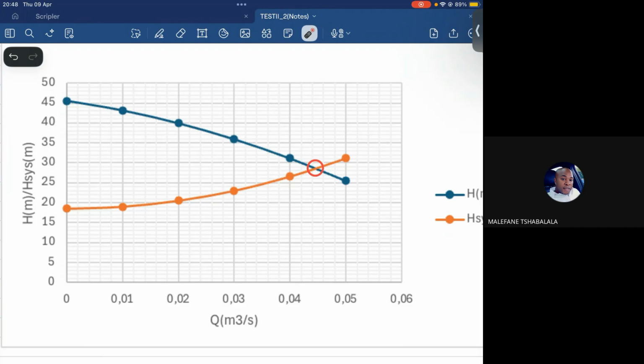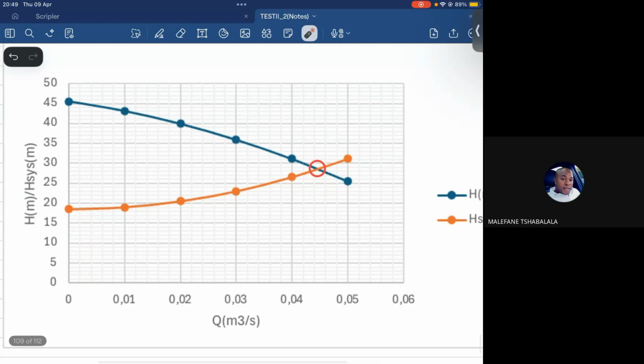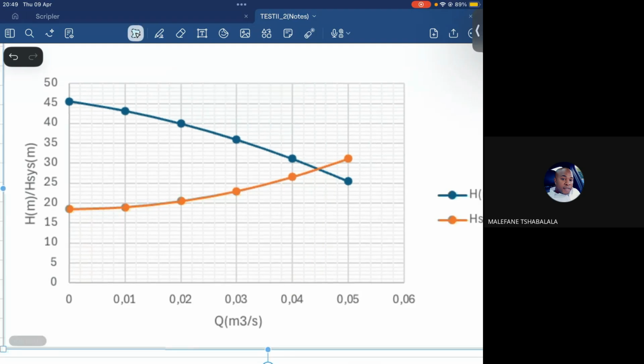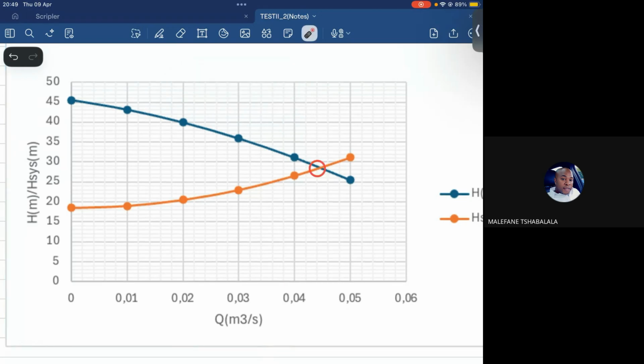So meaning that the volumetric flow rate will be here. So this is 0.04, 0.05. Meaning that this will be 0.042, 0.044, then 0.046, 0.048, then 0.05.